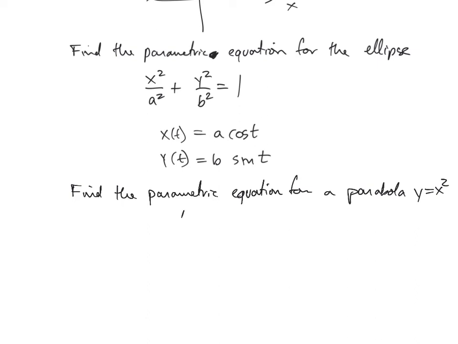And we all know what this parabola looks like, right? That's y is equal to x squared. I want equations for x and y that are a function only of t.